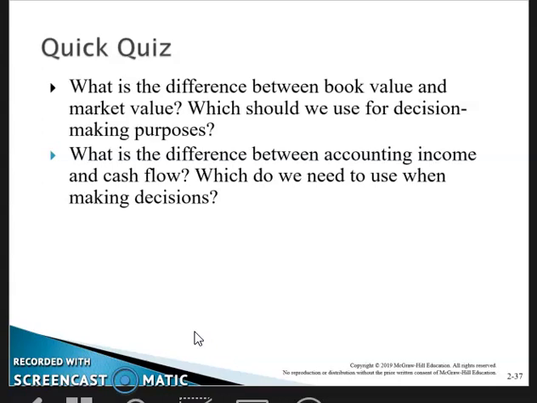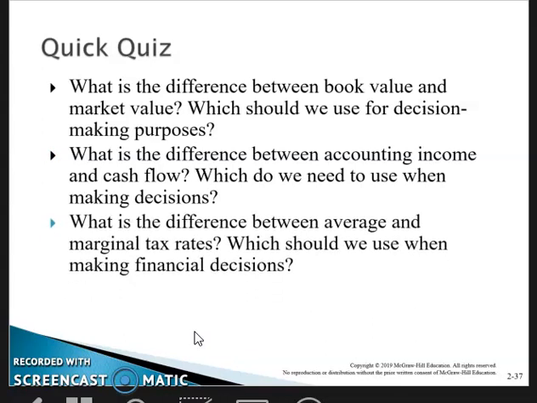We should use true cash flows when we make our decisions. That's something important to remember throughout the semester, because all of our analysis will involve the use of true cash flows, and we'll be doing a lot of calculations where we actually have to calculate true cash flows.